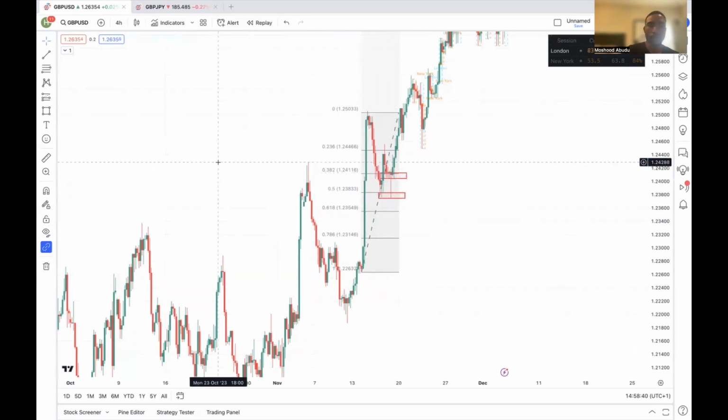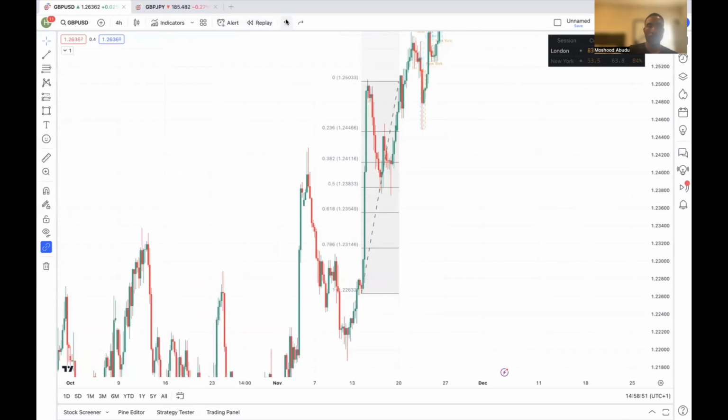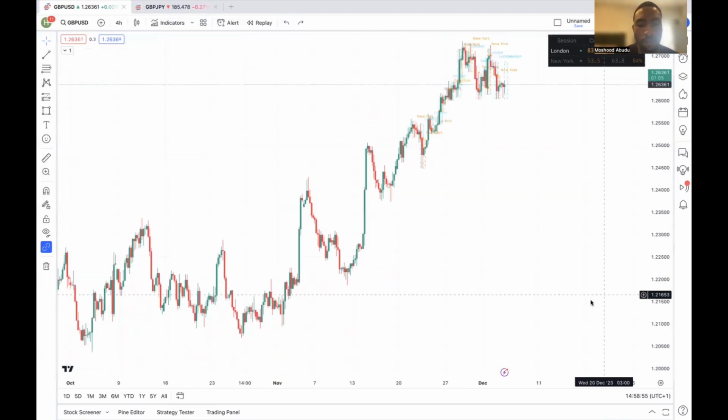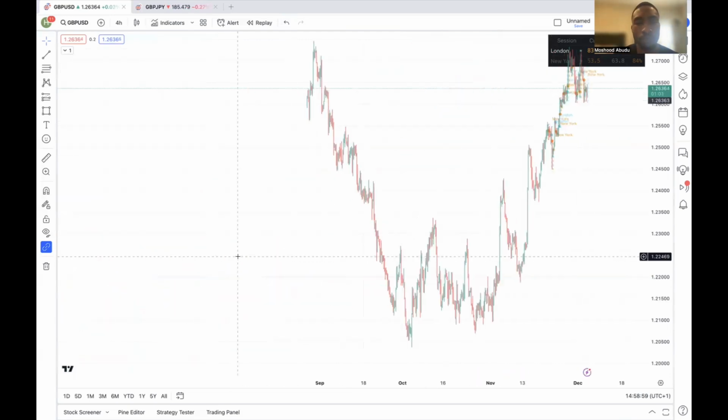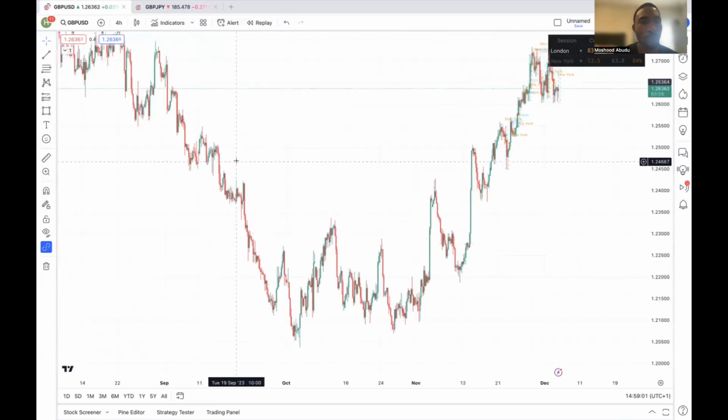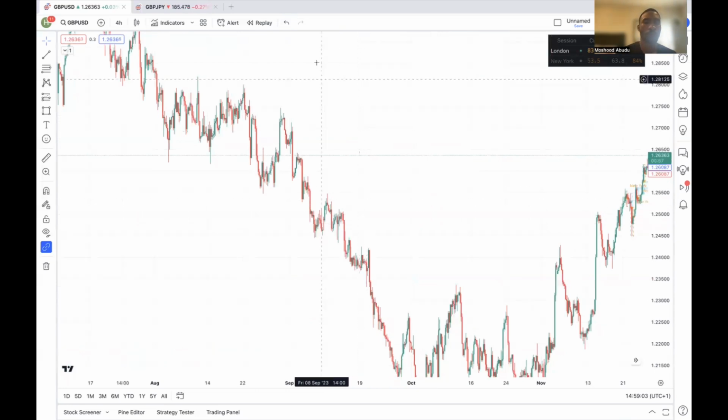So let's do a sell Fibonacci retracement. Let's look for sell opportunities. Okay, good. So number one thing I'm going to look out for is this.